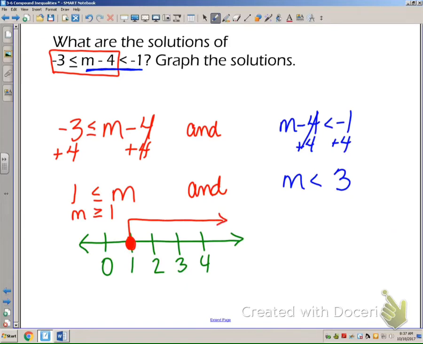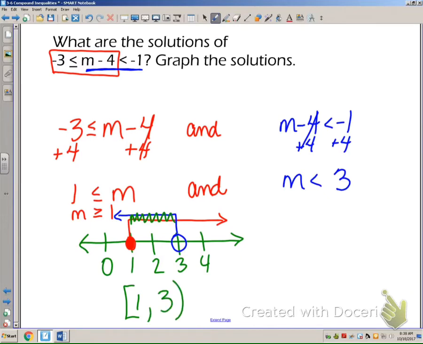On this side over here, we've got m is less than and not including 3. So what numbers are bigger than or equal to 1 and less than 3? Well, we know that's the numbers right here in the overlap. So it starts at 1, including 1, and it goes up to 3, not including 3.